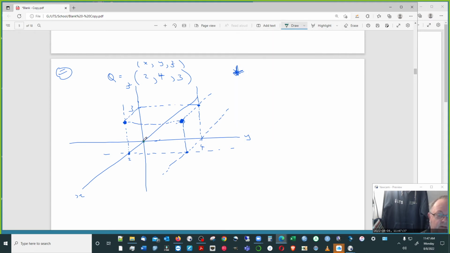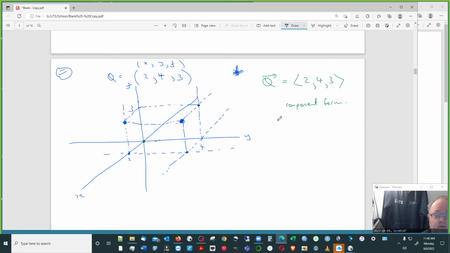But this point, if we were to put this in vector form, what form is that? That's component form. So that's the one that I prefer.